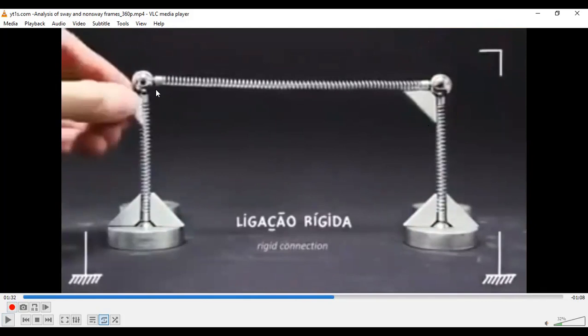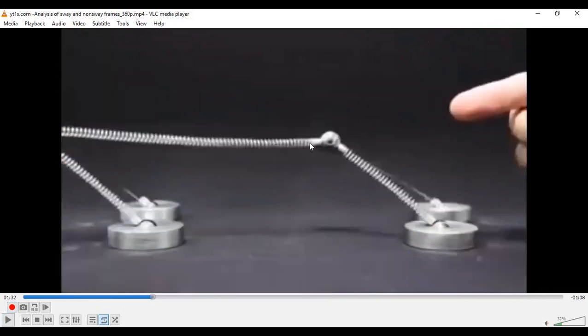Earlier there was only a smooth joint. You saw that when a load is applied, the 90 degrees has changed, so the joint can rotate. This is a smooth joint, and the joint angle is now around 130 or 140 degrees.